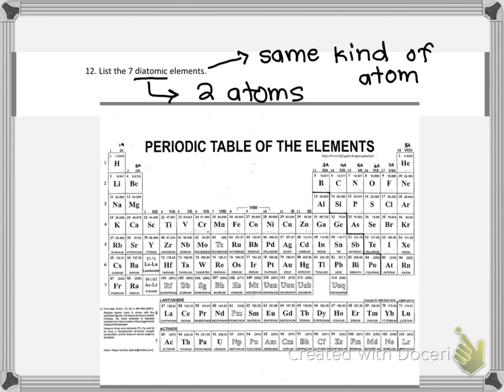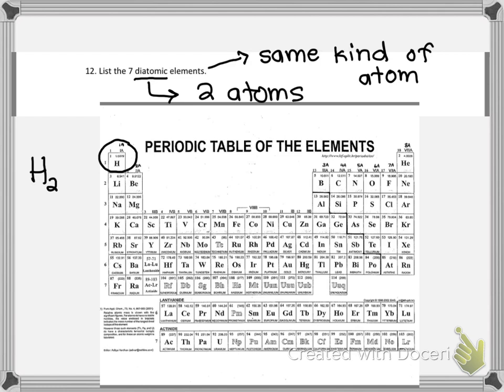So there are 7 elements that this happens to. Hydrogen, which is the first element over here, is one of them. And so when I would write not the symbol of hydrogen, but as a diatomic element, hydrogen would be written as H2.